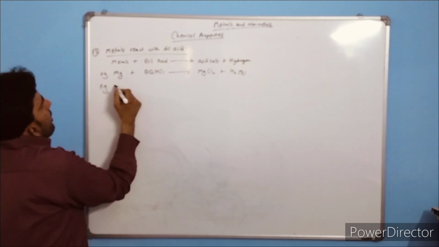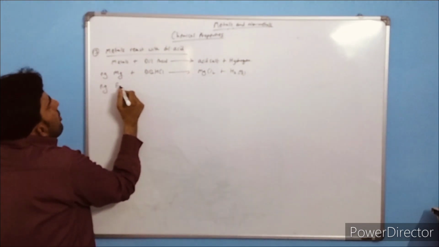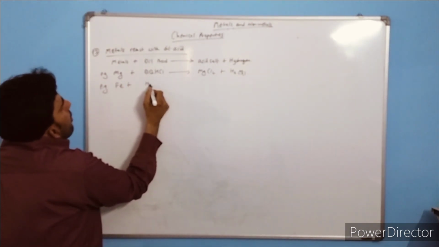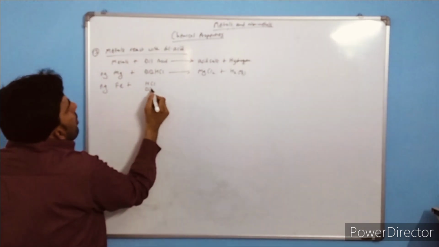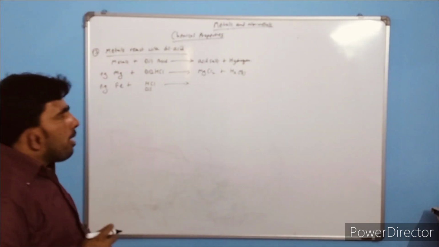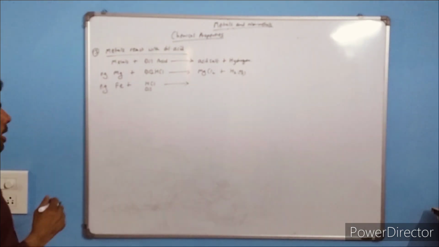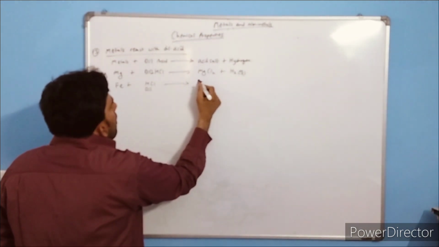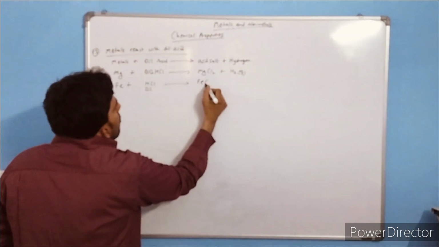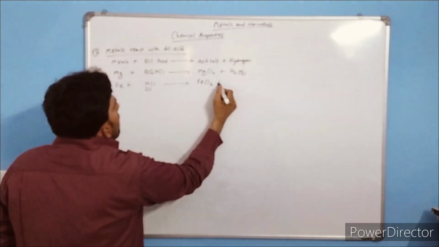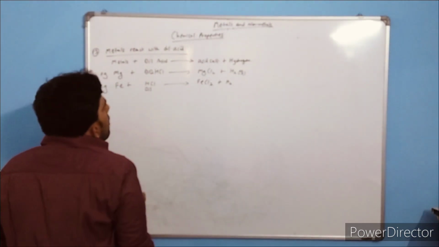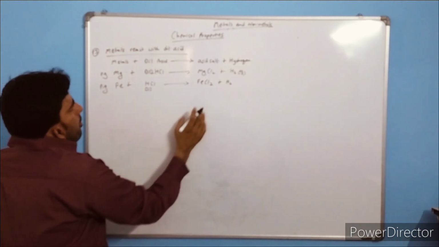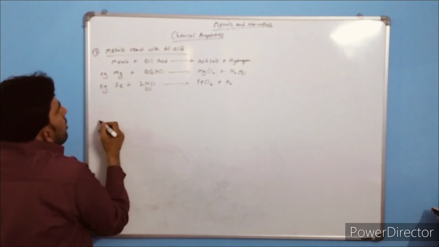For more examples, I can take iron and react with dilute HCl. What will happen? We will get iron 2 chloride plus hydrogen gas, and then balance it also like this.